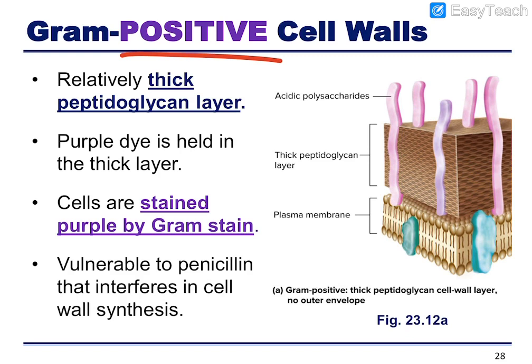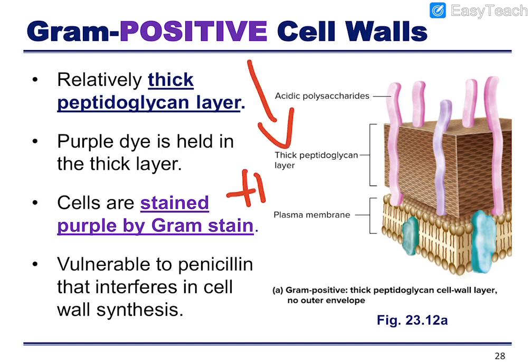So, gram-positive cell walls. Gram-positive cells have a relatively thick peptidoglycan layer. The dye is held in a thick layer that is stained purple.